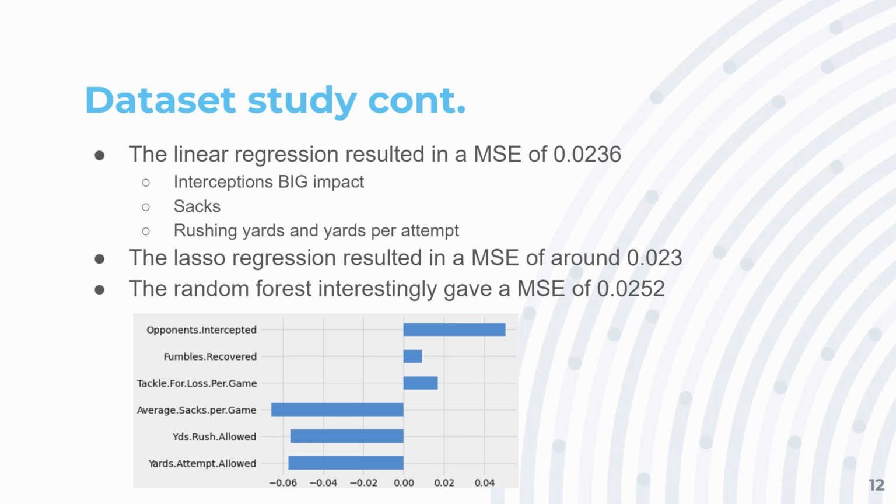After running the defensive stats through the lasso regression, it gave roughly the same performance even when testing with different alpha values, giving a mean square error value of around 0.023. And opposite of what we saw with the offense, the random forest regressor actually gave a mean square error of 0.0252.